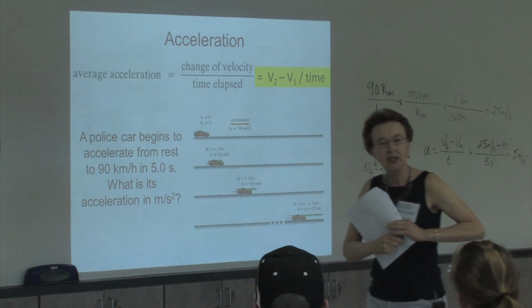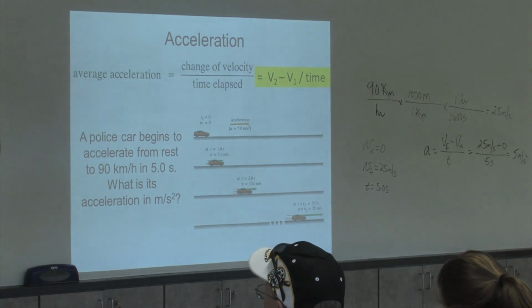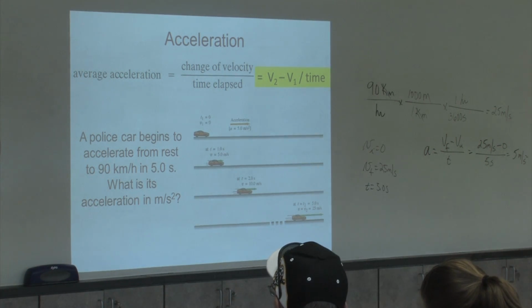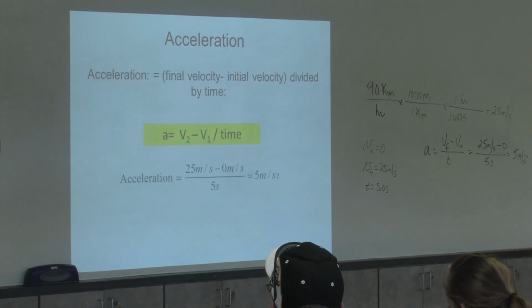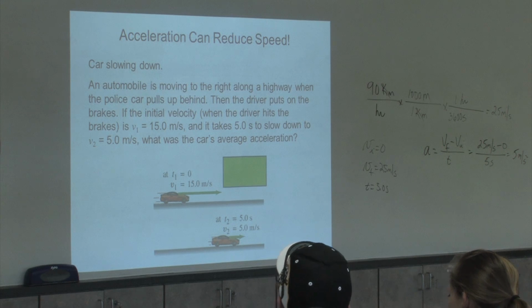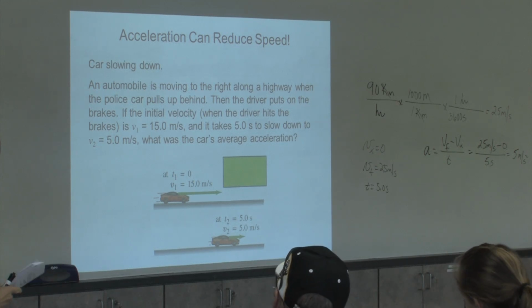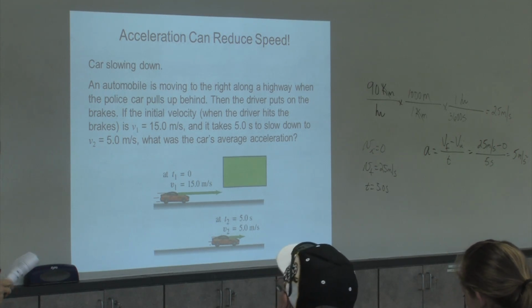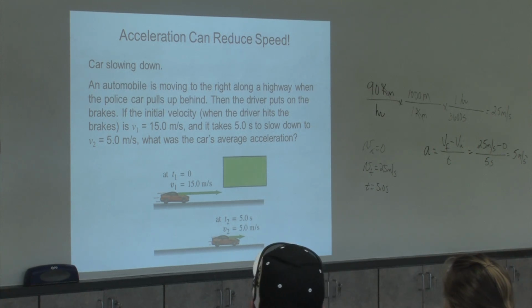Let me challenge you a little bit more on this before we go on to acceleration due to gravity. Any questions so far? Easy stuff, right? Okay. So here's a situation where an automobile is moving to the right along a highway when a police car pulls up behind.